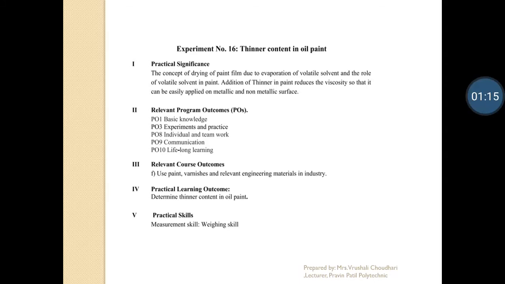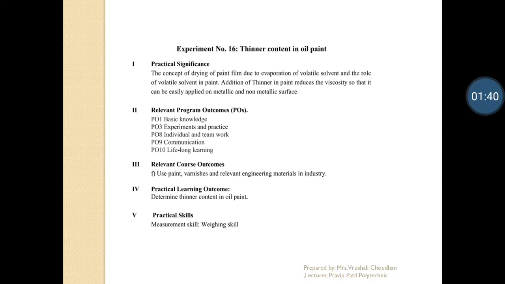If the thinner content or the volatile solvent is very low, it is not going to spread on the surface evenly. Course outcome of this experiment is use of paint, varnish, relevant engineering materials in an industry. We are going to determine thinner content in an oil paint.